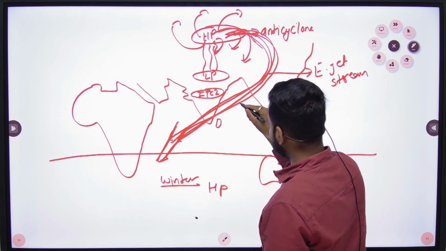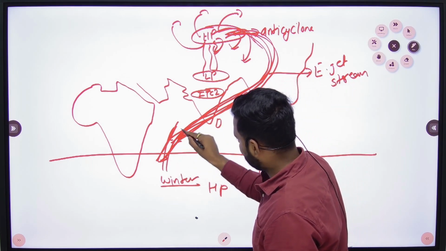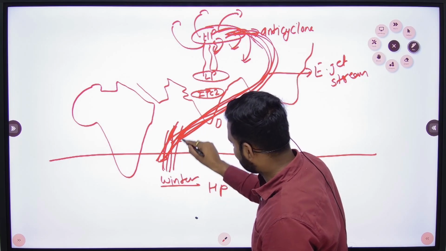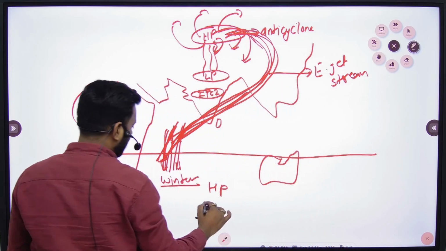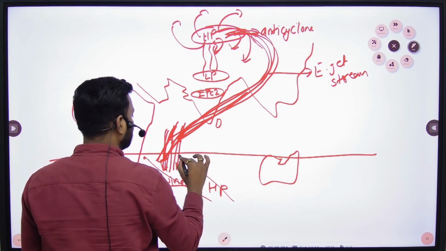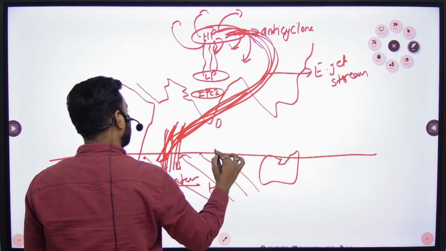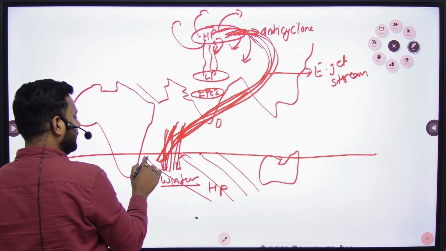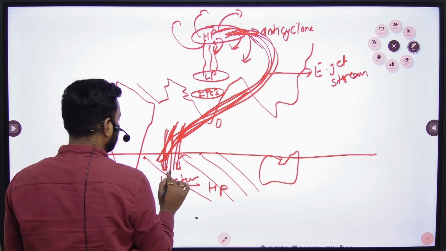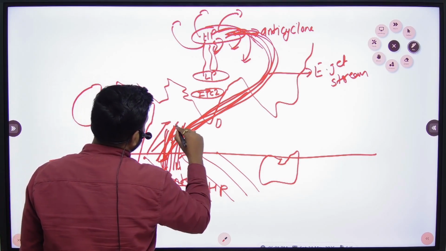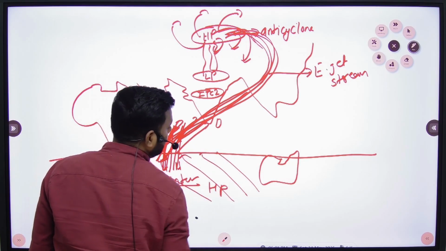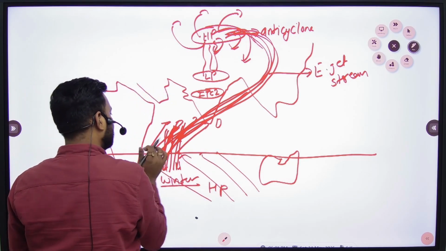And this one limb subsides near Madagascar and the Mascarene high, and it develops high pressure. And we all know that these are the southern trade winds which want to meet in the ITCZ, and because of this high pressure it develops and it pushes this whole wind towards the southwest.